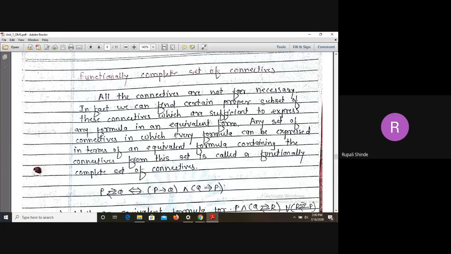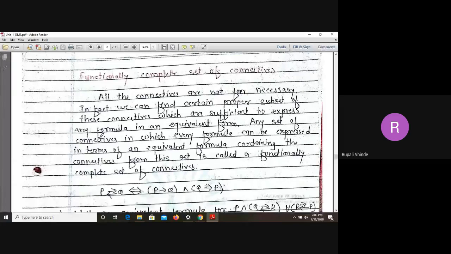So next concept is functionally complete set of connectives. So what are the functionally complete set of connectives? We have already said how we can recognize the functionally complete set of connectives. Till now we have seen five connectives: negation, conjunction, disjunction, conditional and biconditional.